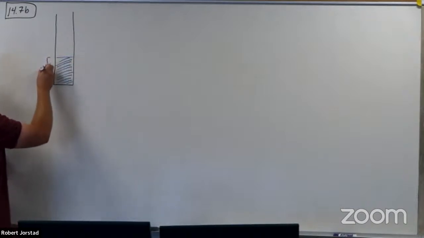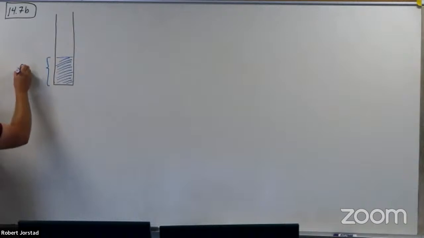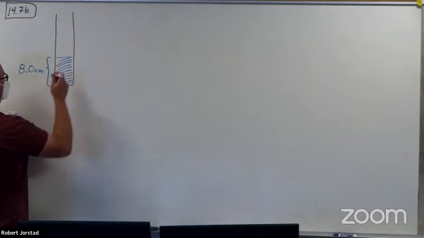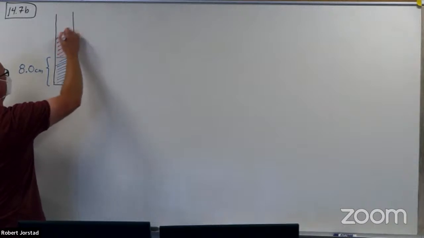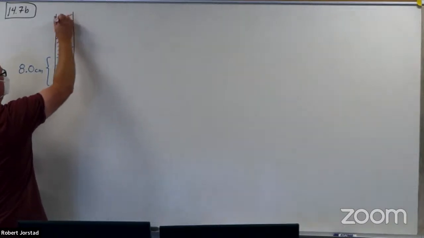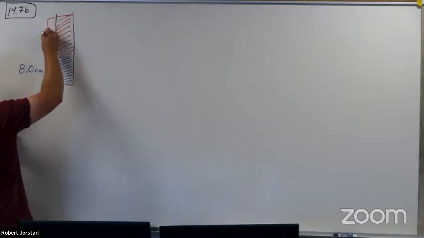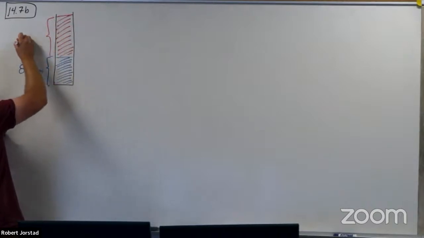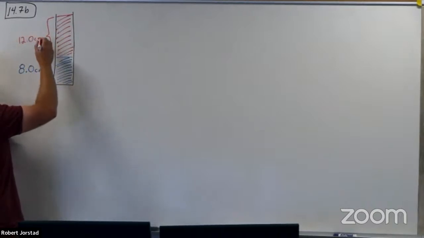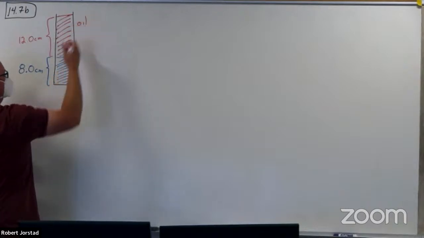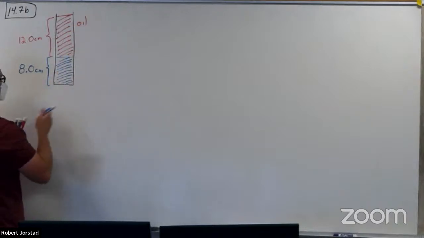I believe we're told there's 8 centimeters of water. Who cares about sig figs, okay? And we're going to have a little bit more oil. I believe it was 12 centimeters, is that right? Okay. So this is oil, and this is water.